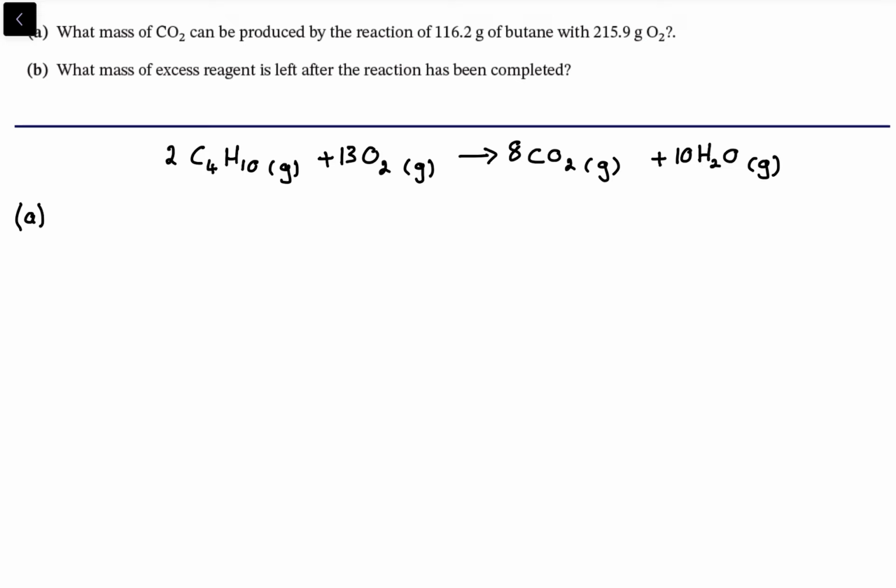So let's start by evaluating how much butane and how much oxygen we have. We're given two masses, and we are not able to compare masses directly. We can only compare moles. So we can go ahead and calculate the number of moles of oxygen and the number of moles of butane. The number of moles of oxygen, of course, is equal to the mass of oxygen divided by the molar mass of oxygen. For butane, it is the mass of butane divided by the molar mass of butane.